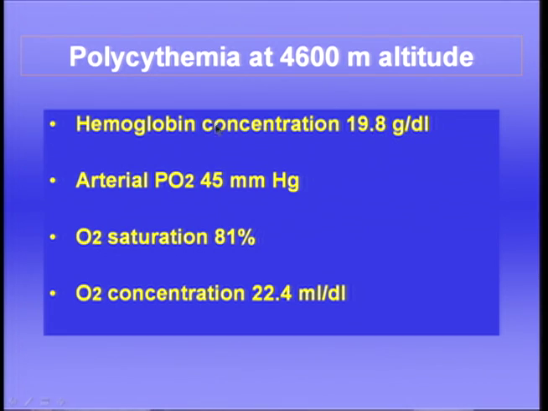But because the hemoglobin concentration is so high, the oxygen concentration of the arterial blood can be as high as 22.4 mils per deciliter, which actually exceeds that of ourselves at sea level. So you can see the power of polycythemia in these people who live permanently at high altitude.